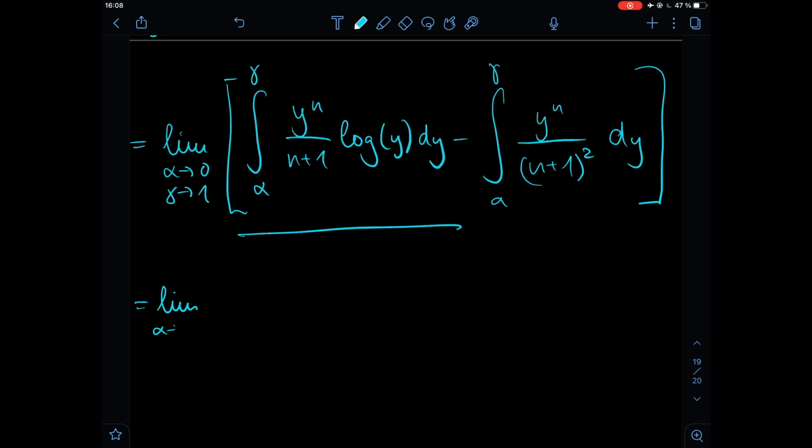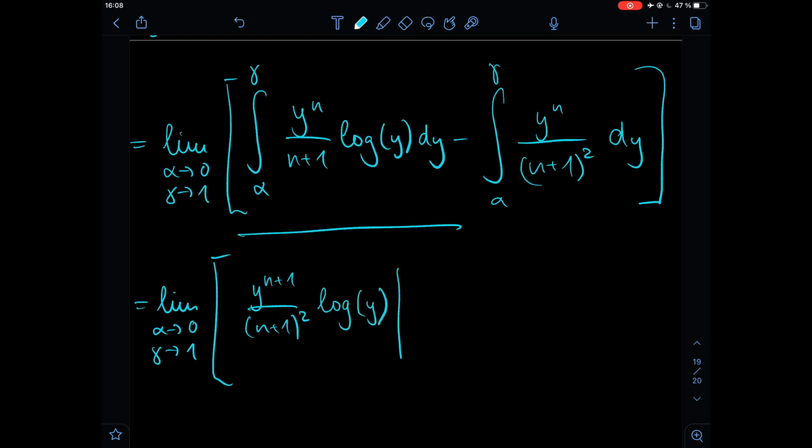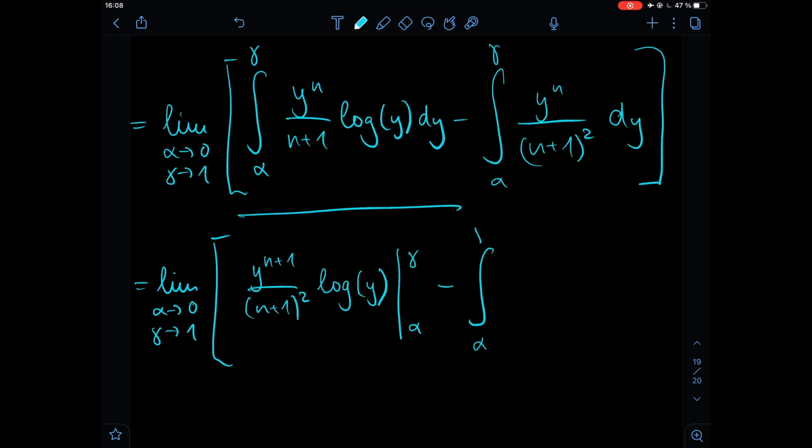So we have the limit of alpha going to 0, gamma going to 1 of, now we open the brackets again, and now integrating by parts means we have y to the power of n plus 1 divided by n plus 1 squared times the log of y, and the whole thing evaluated at gamma and alpha, minus the integral of, and now we're going from alpha to gamma, then we have y to the power of n plus 1 divided by n plus 1 squared times the derivative of the log, which is 1 over y dy.